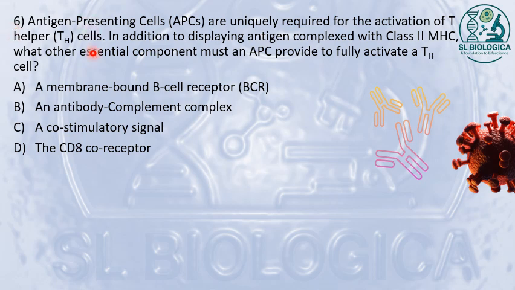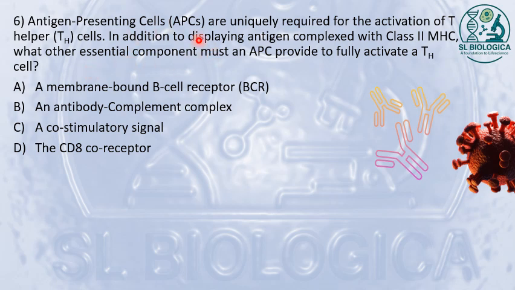So the sixth question is, antigen presenting cells are uniquely required for the activation of T helper cells. So we know that. We just now learned how the APCs take part in the activation of T helper cells. Okay, and in addition to displaying antigen complexed with class 2 MHC, what other essential component must an APC provide to fully activate a T helper cell? Good question, right?